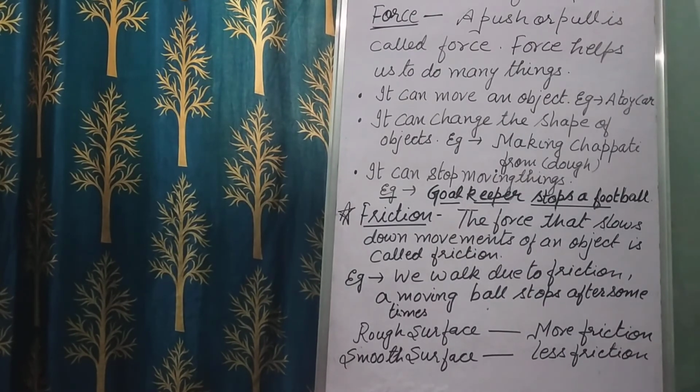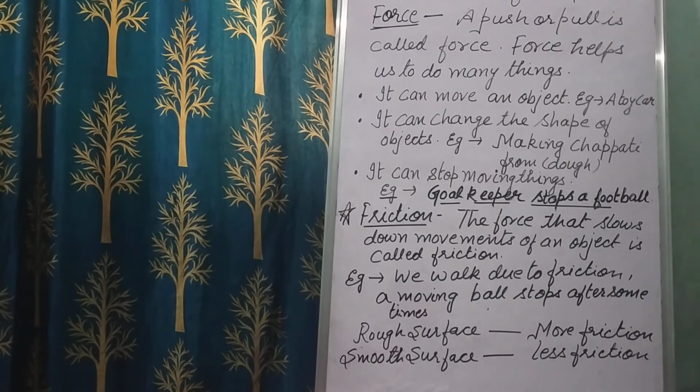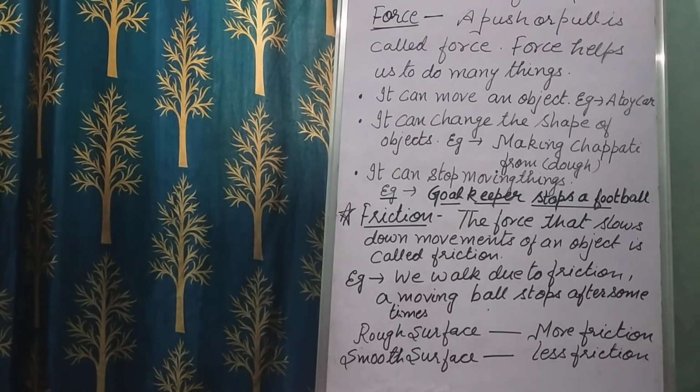So on a smooth surface, the friction will be less, and it's very difficult for us to walk on smooth or icy ground. We will slip on the wet floor. Right. If the friction is too much, then also it's very difficult for us to move things and to walk. Clear? So more friction will be produced on a rough surface, and less friction on a smooth surface.